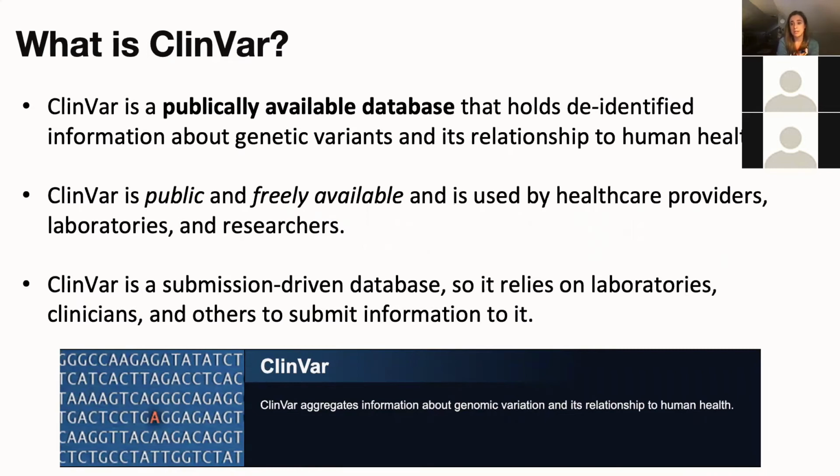ClinVar is public and freely available, and it's really a major resource for healthcare providers, labs, and researchers who are caring for patients, those who are performing testing and researching genetic conditions. The database itself is submission-driven, meaning that it relies on labs, clinicians, and others to share data. And so this is where GenomeConnect shares information from participants who are interested in data sharing, because ClinVar is really how we pool resources and knowledge in an effort to advance our understanding of genes and variants.